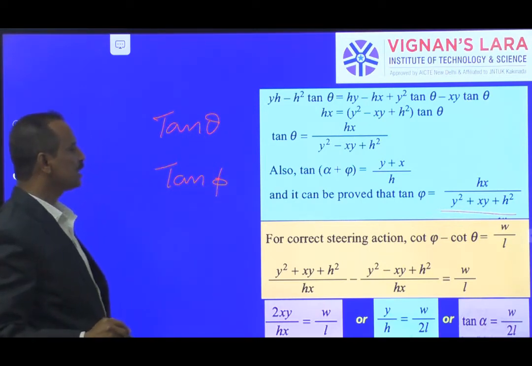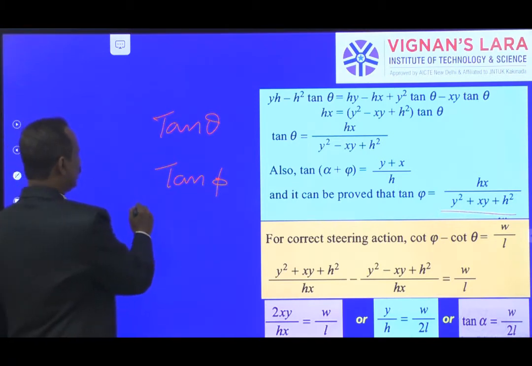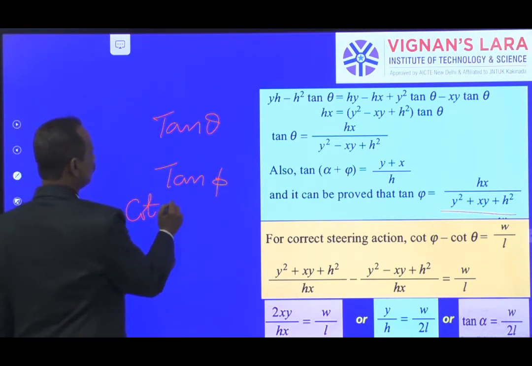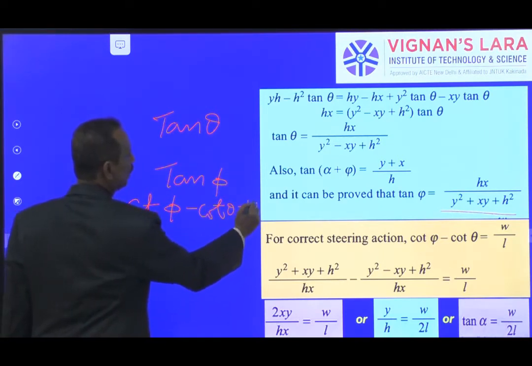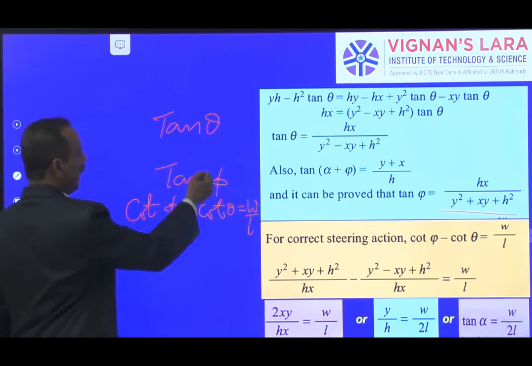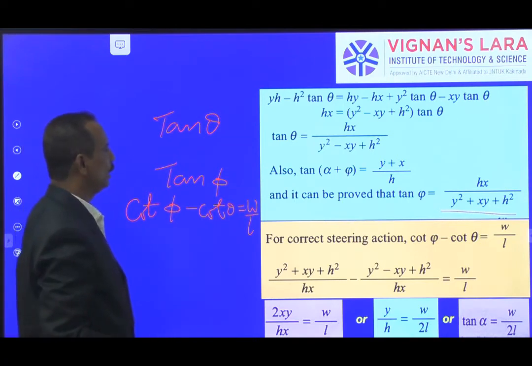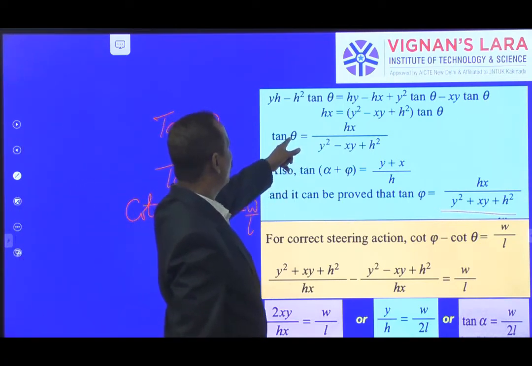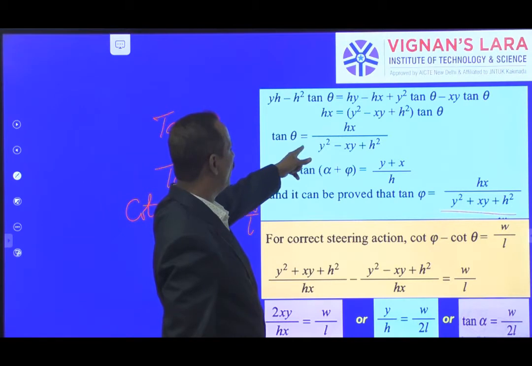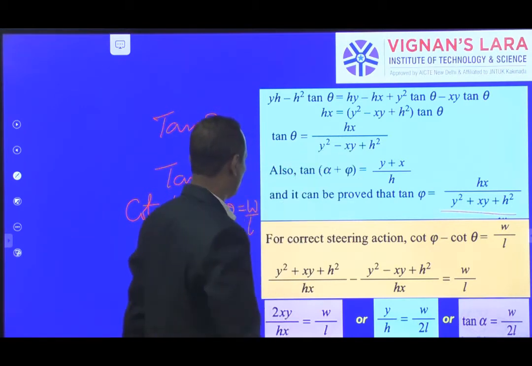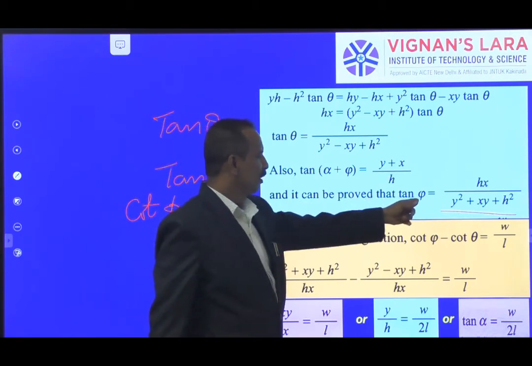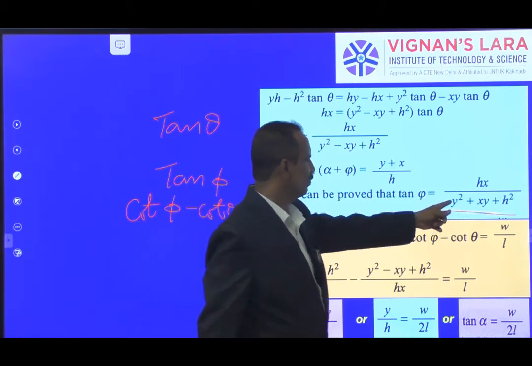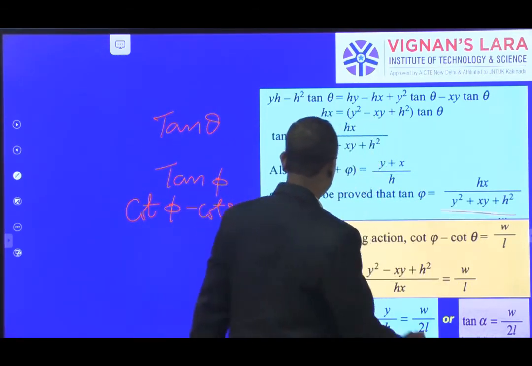So what is the correct steering gear mechanism? It requires cot phi minus cot theta is equal to w by L. So tan theta's reciprocal, that is 1 by tan theta, is cot theta, that is y square minus xy by hx. Then 1 by tan phi is cot phi, that is y square plus xy plus h square by hx.